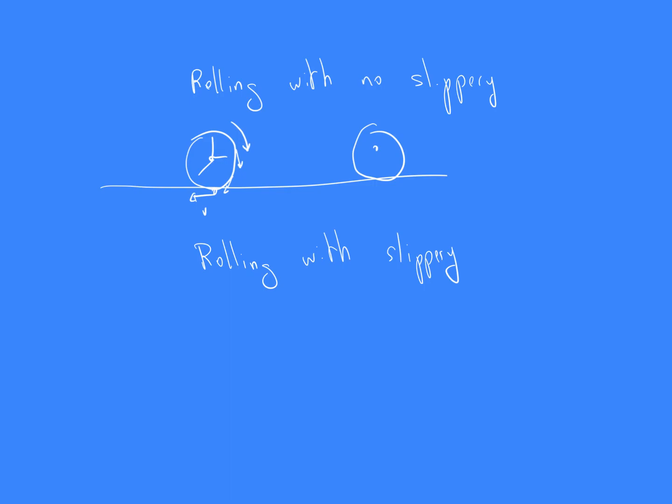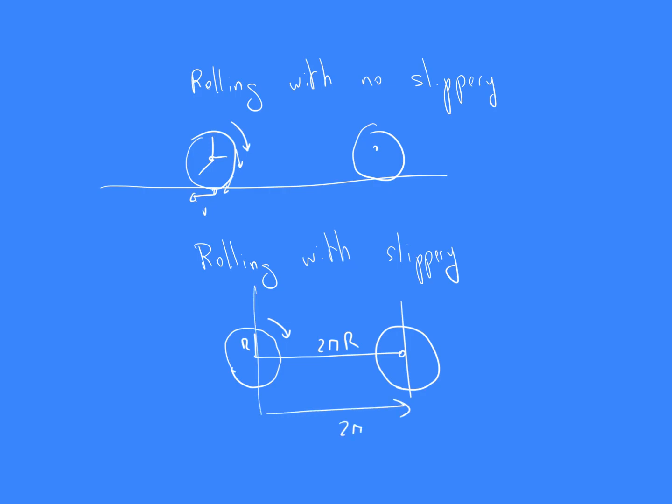So what does no slipping mean? No slipping means that when the tire goes one revolution, it will advance 2 pi r, where r is the radius. So when the tire makes one revolution, the wheel will advance a distance of 2 pi r.